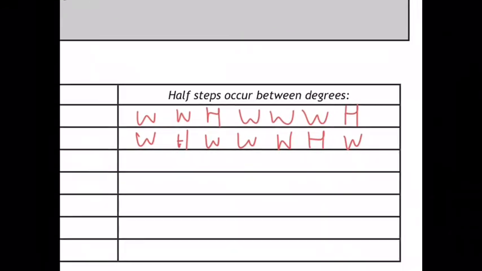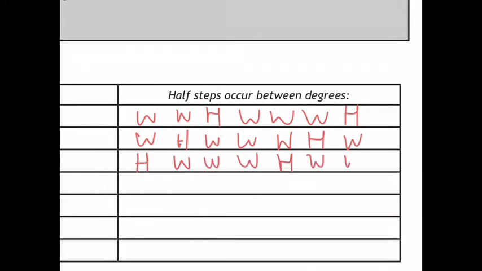In the same way, I'm going to start here. My intervals will start with a half step: half, whole, whole, whole, half, whole, and this whole gets tacked on to the end. So it starts with an H, half step, whole, whole, whole, half, whole, whole.